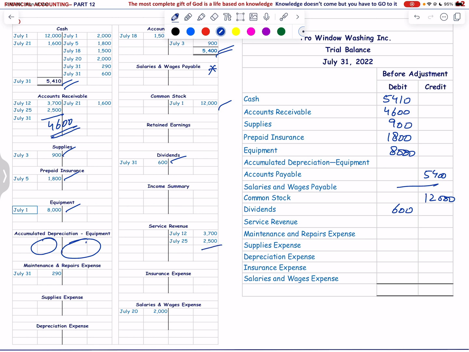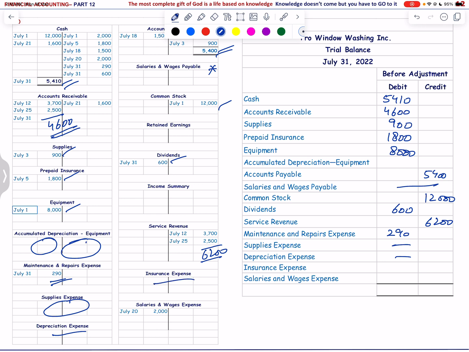Maintenance and repair expense, debit 290. Then we have the supplies expense, nothing is there. Depreciation expense, nothing is there. We will be using these accounts as we progress, as I have said. Insurance expense, nothing is there. Then salaries and wages expense is 2000.